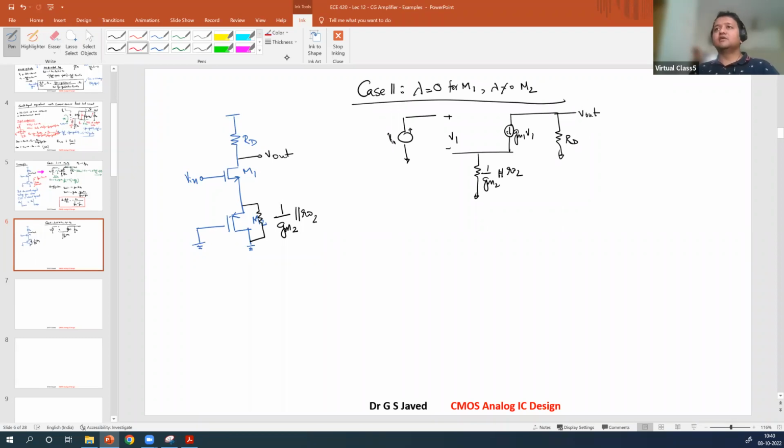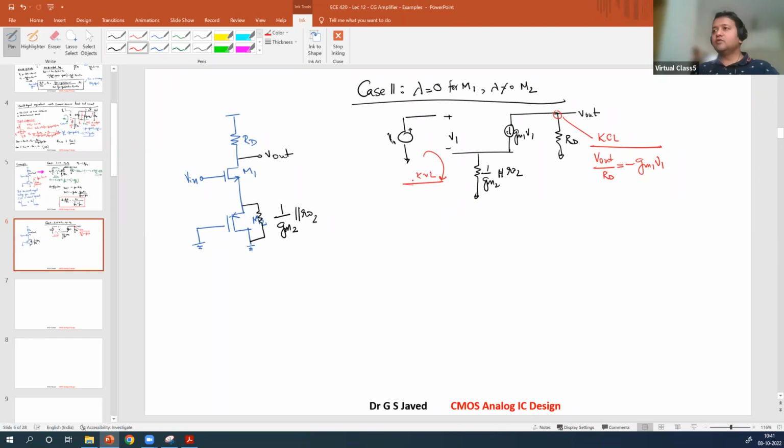Again, simple work. Apply KCL here. So KCL you will get V out over RD, that is the drain current, is negative of this current here, minus GM1 V1. Now here apply KVL.